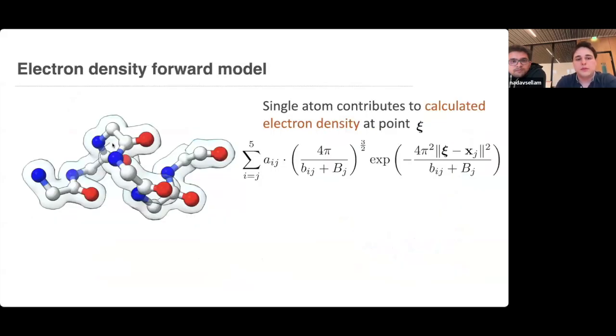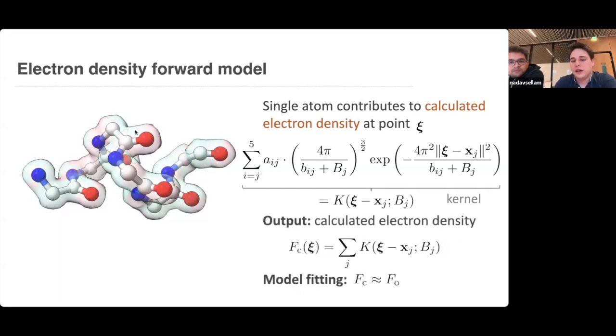So how do we get from an atomic model to an approximate electron density? We do this by a mixture of 5 Gaussians around each atom. The mean, the variance, and the scale depend on the atomic element and the B factor, which simulates the local movements of that atom. An atomic model fits the electron density when FO and FC are close.